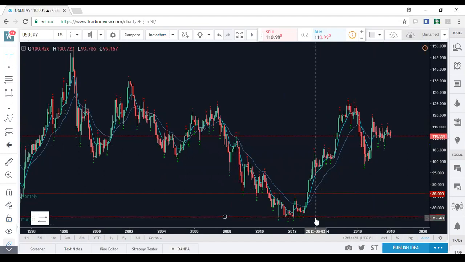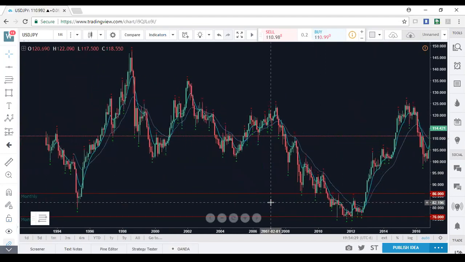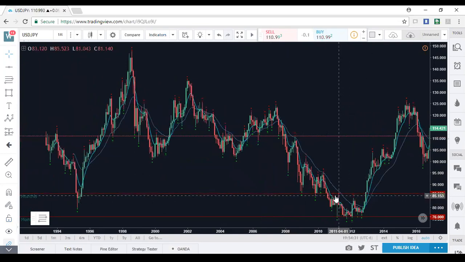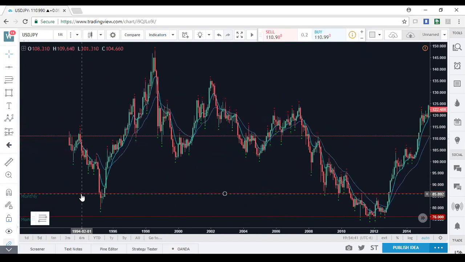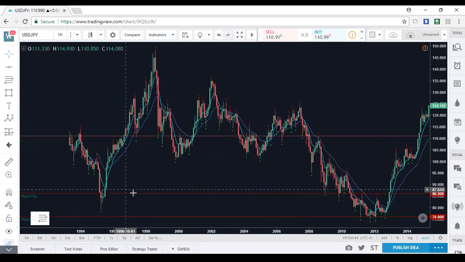All right, so here's my original line. Here's my next line, right? Notice you see these fractals, how price is respecting this price zone of 86 even. That's what we want to see when we're putting these lines on there.